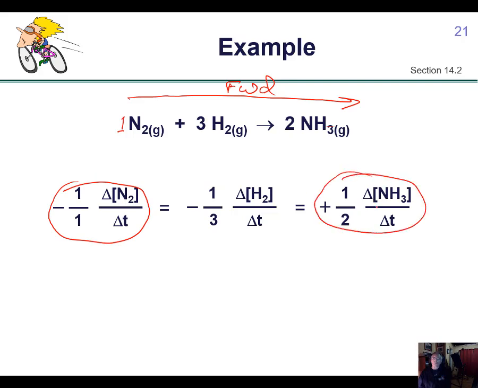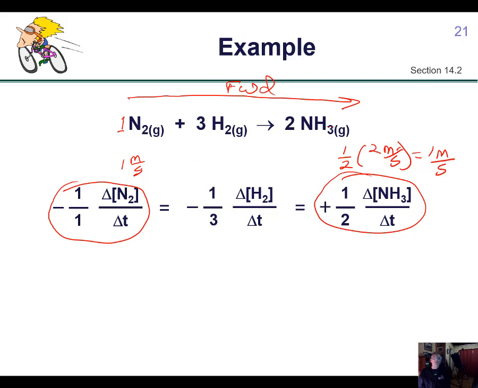Now these two rates are equivalent to each other. So let's just say that the rate of disappearance of nitrogen was 1 molar per second. Now we have 1/2, since ammonia is going to appear twice as fast as nitrogen has disappeared, we would have 1/2 times 2 molar per second for ammonia, which would equal 1 molar per second.